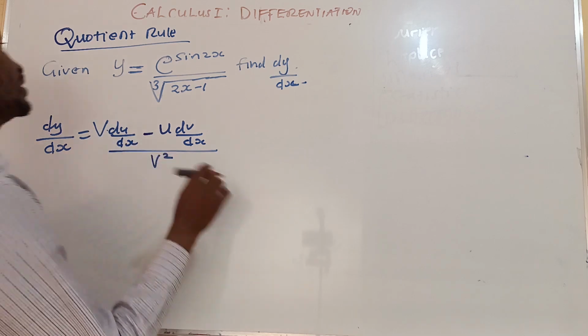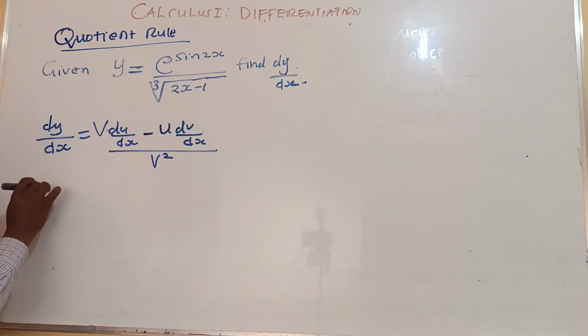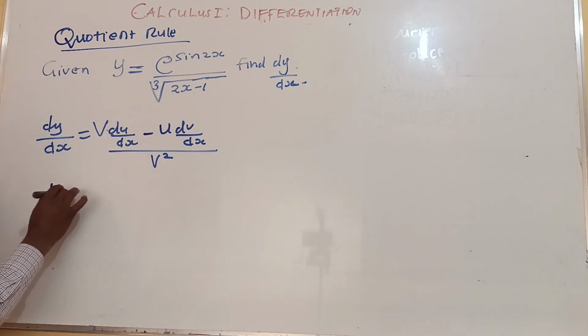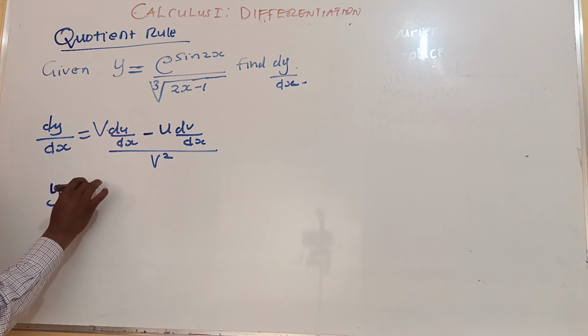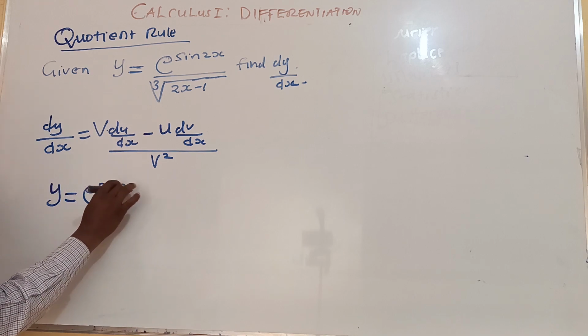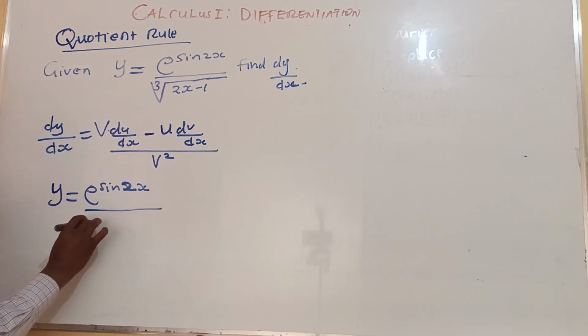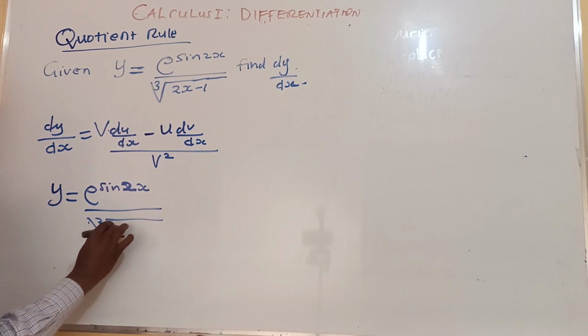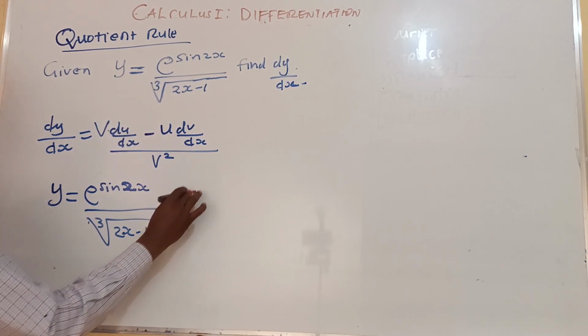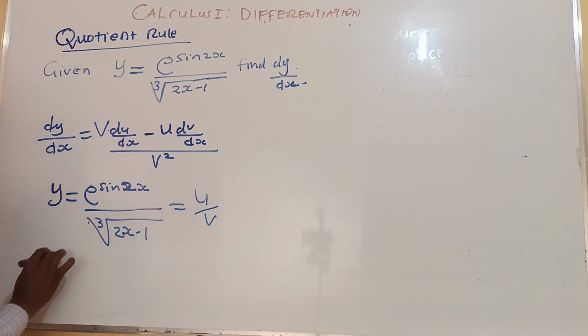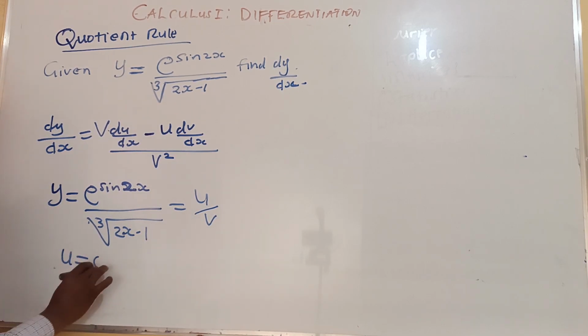If we take our function, y is equal to exponential sin 2x all over that root of 2x minus 1, we can say this is u over v. So our u is equal to exponential sin 2x.